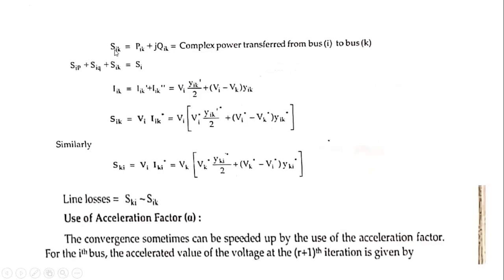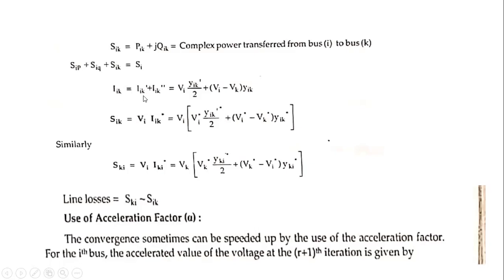Therefore the power is equal to the active power plus reactive power, PIK plus jQIK. This is the complex power transferred from the bus I to K. Therefore PIK, QIK is equal to the total power SIK.